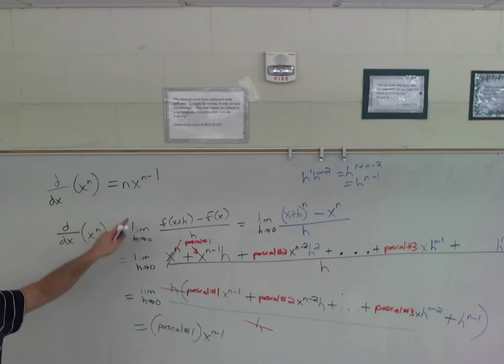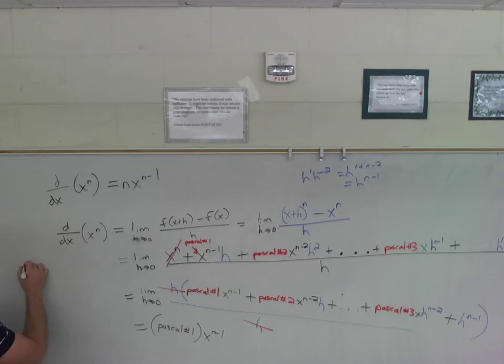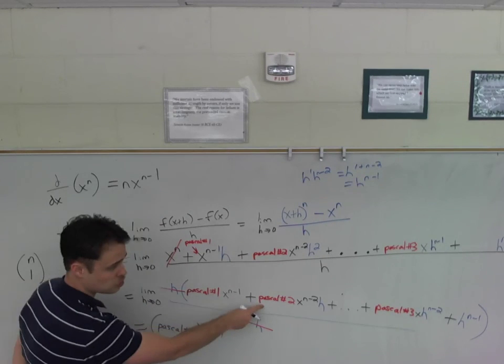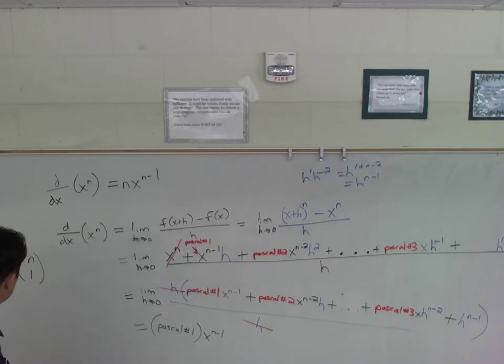So Pascal number 1 must for some reason be n. Well, if you do Pascal the long way, all those coefficients, 1, 2, 3, are choose. The first one is n choose 1, that's Pascal number 1. The next one is n choose 2, n choose 3, dot, dot, dot, and you just keep going. Another way to write choose is with the C, n choose 1. How does that go? Can somebody help me?